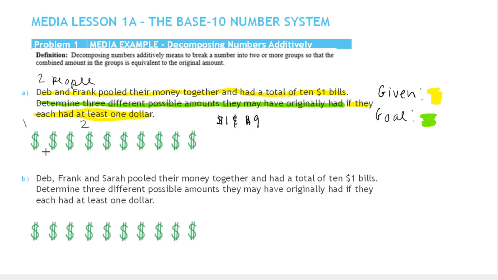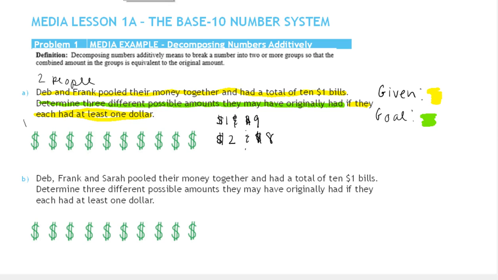I'm going to change this line, and I'm just going to move it over 1. So that would be $2 for the first person and $8 for the second person. So that's another pair of original amounts they may have had that totals $10.